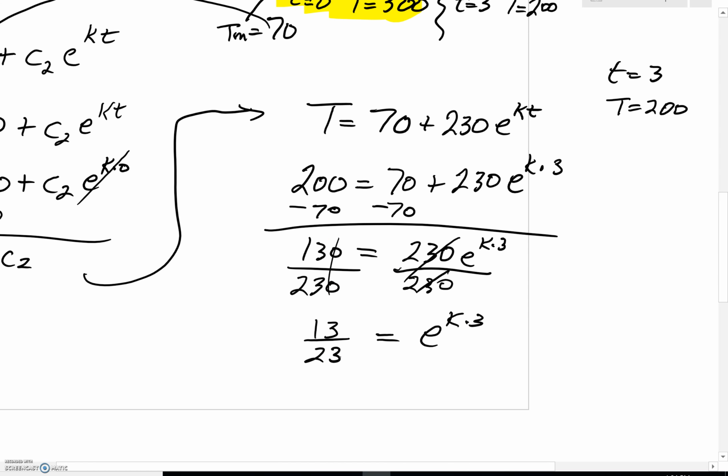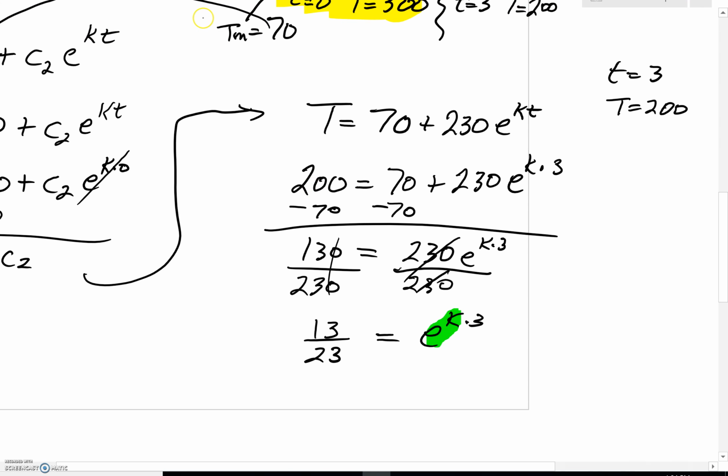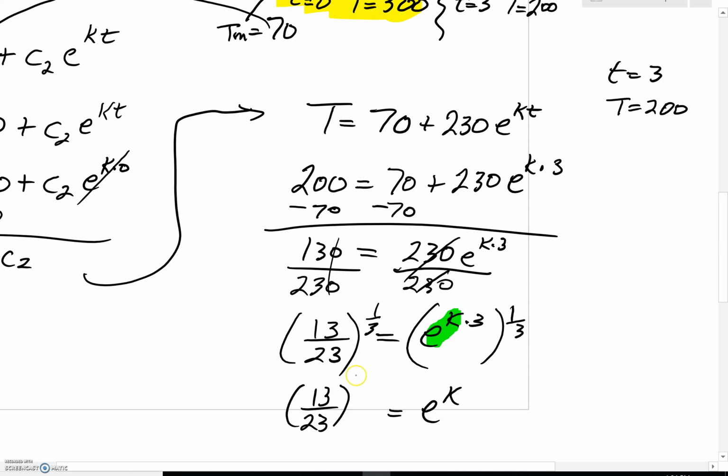And how would I solve for e to the k? Remember, that's ultimately what we'd like to find. I want to get rid of that 3 up there. Raise both sides to the 1/3 power. Very good. So I'd get e to the k would be this very peculiar looking 13 over 23 to the 1/3 power.